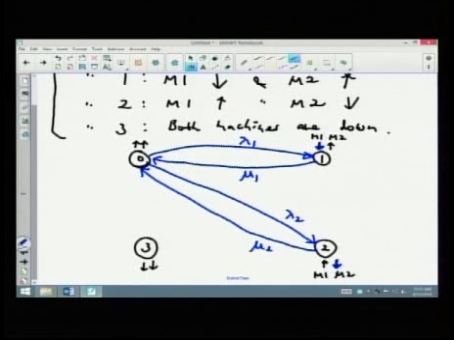Okay, now starting from state number 3. I'm sorry, state number 1. What transition rate do we have? We already considered this, right? What other possibilities do we have?